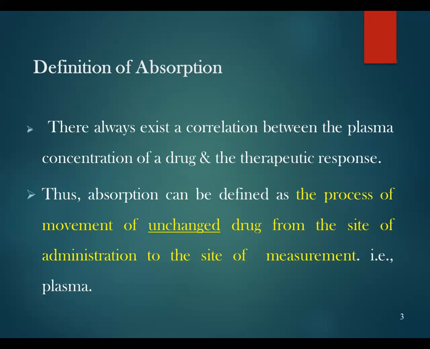That's why we use another term called bioavailability, the rate and extent of drug reaching the systemic circulation. That bioavailability gives us an idea about the therapeutic response of the drug. If the drug can successfully reach the systemic circulation, definitely we can expect its respective therapeutic response. If the drug doesn't reach the systemic circulation, we cannot expect the desired therapeutic action.